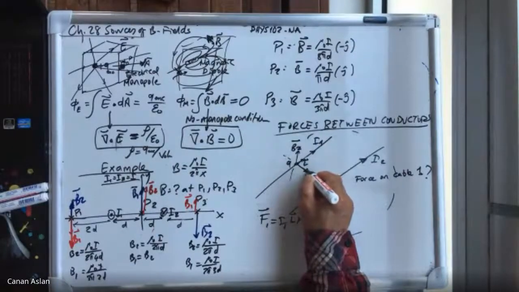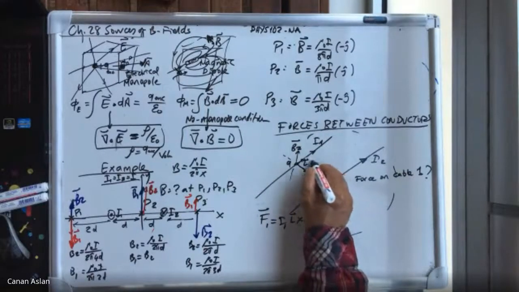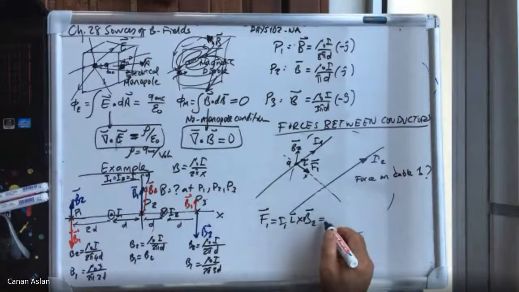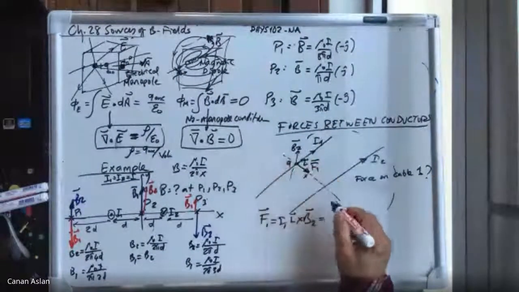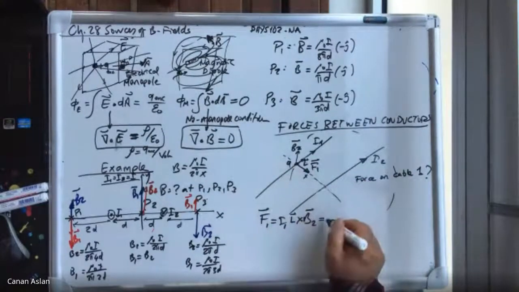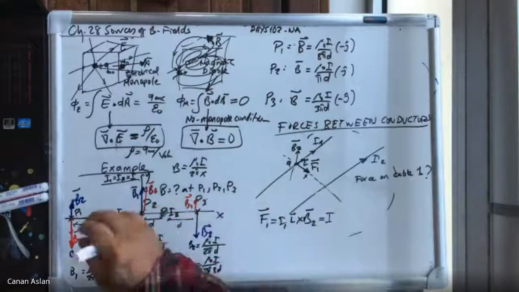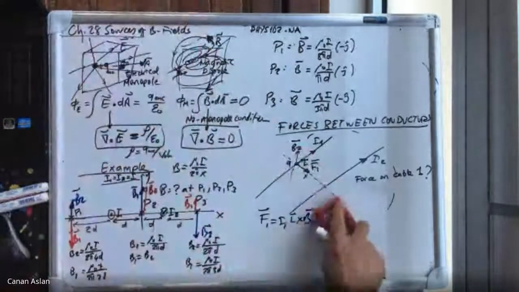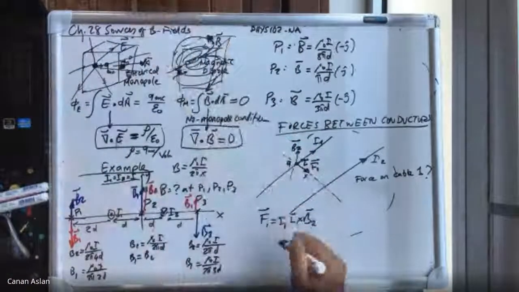So the force will be this way. This will be the direction of the force. Since everything is 90 degrees, we can get rid of the vector sign, and because sine phi is 1, I know the direction of the force, and I get the magnitude.